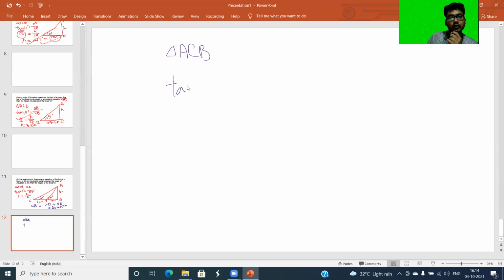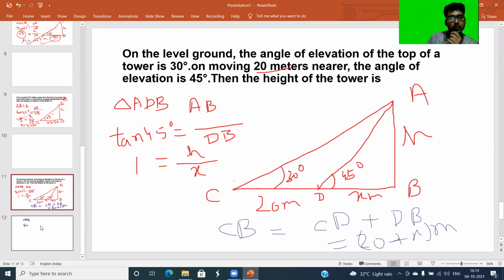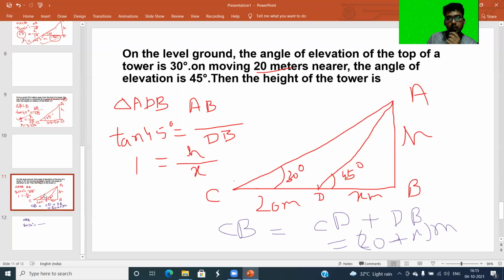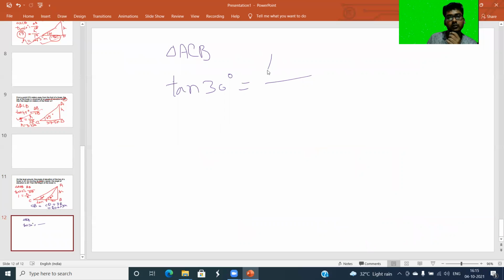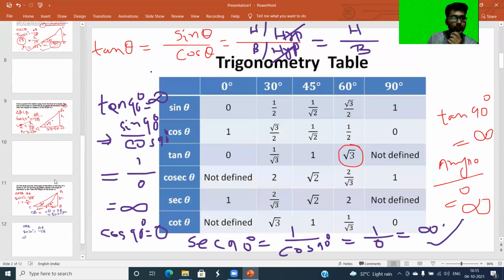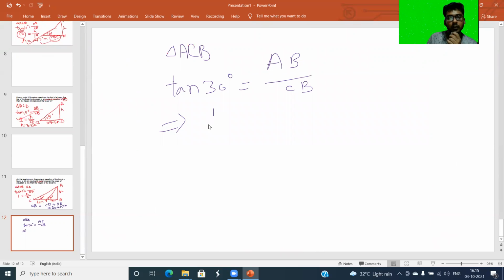Tan 30 degrees equals AB by CB. Tan 30 is 1 by √3.